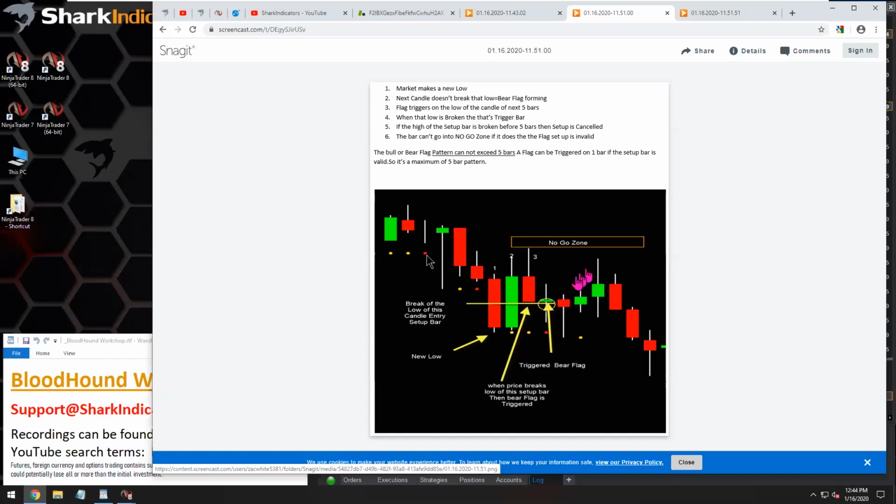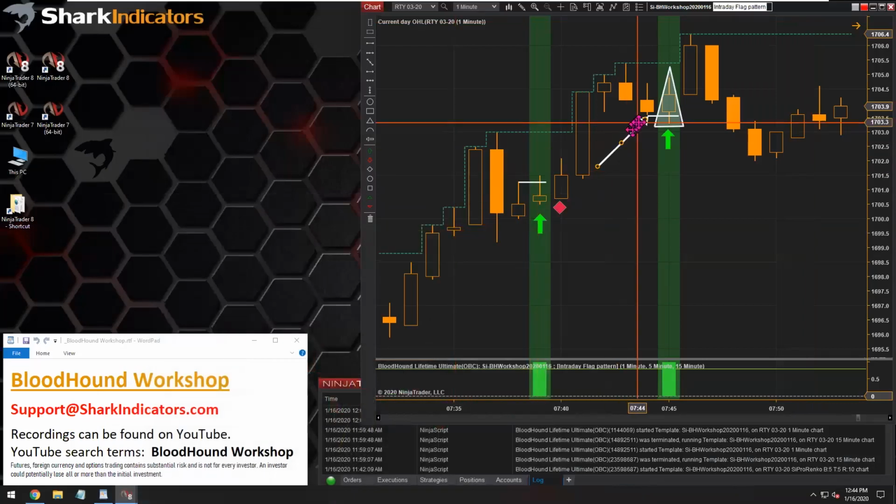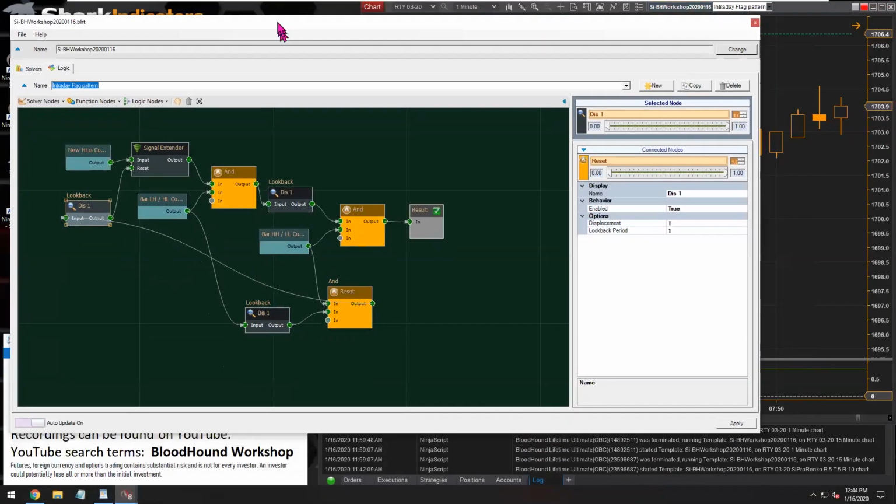If one of these other bars afterwards breaks this no-go zone, you can't cancel it. The signal has already occurred. So we can check whether the bar that signals the flag pattern violates the flag's high or the flag's low. Let's add that.